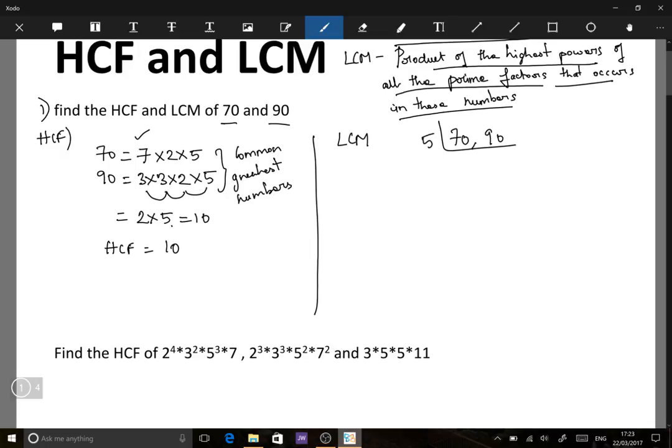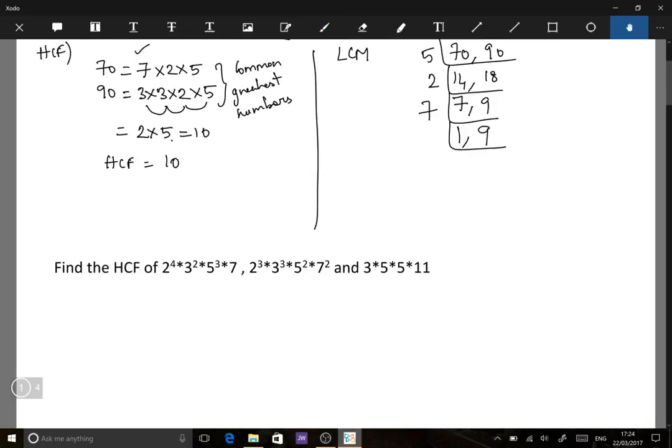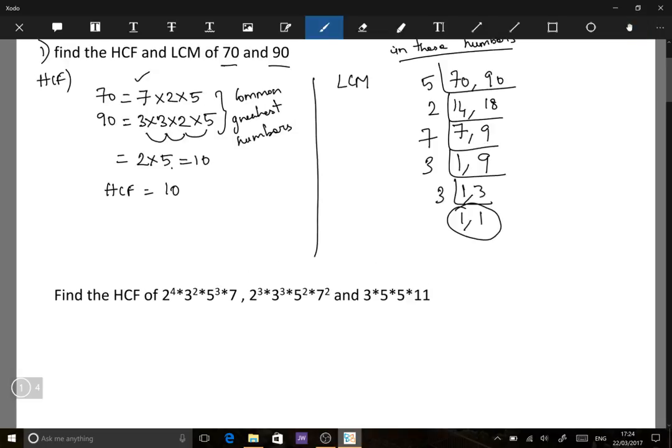I'm going to divide by 5. 14 5s are 70, 18 5s are 90. Now I have to divide this further. So 2, 7 and 9. 7, 1. 7 is not divisible by 9, so I'm writing it as it is. Then next 3, 1, 3. Again 1, 1. So I'm getting the lowest number 1 and 1.